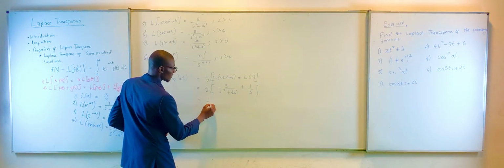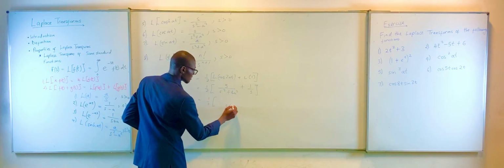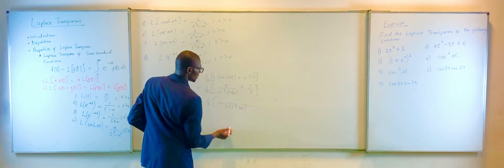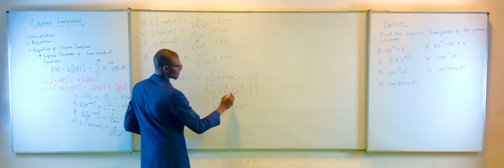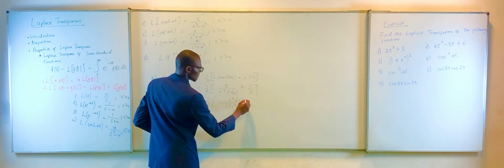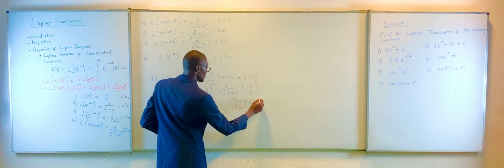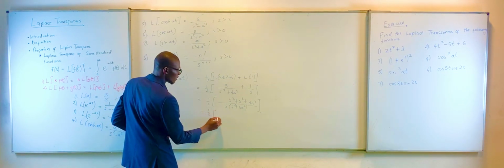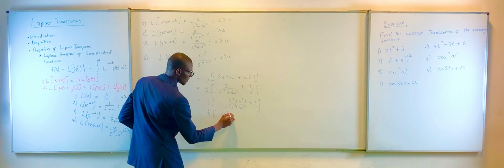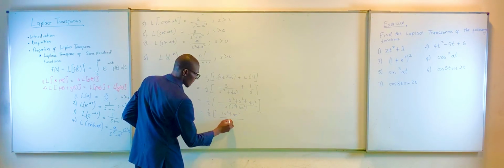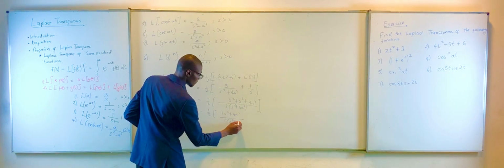So if we combine that, we've got s squared plus 4a squared over, that's into that, we get s times s, that's s squared plus s squared, that will give us s squared plus 4a squared. Right, then that will give us half of 2s squared plus 4a squared over s times s squared plus 4a squared.